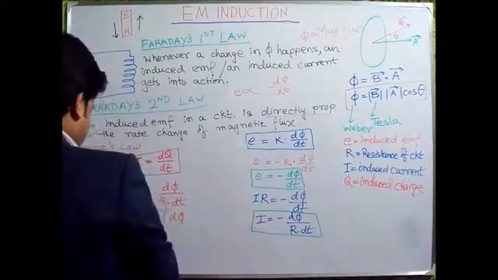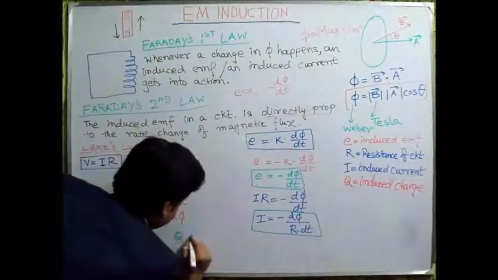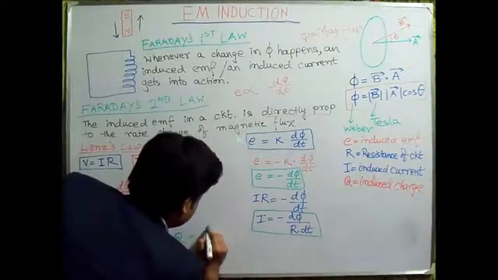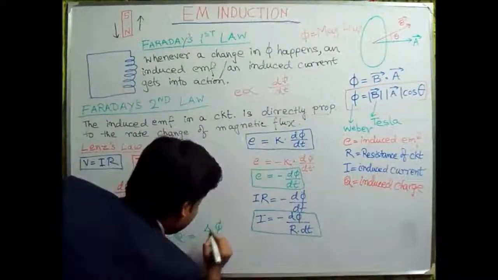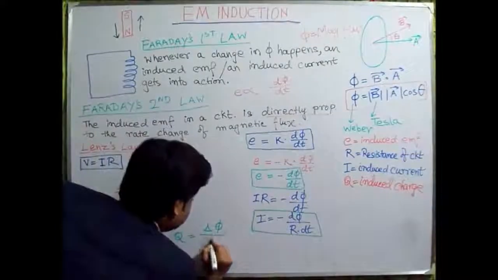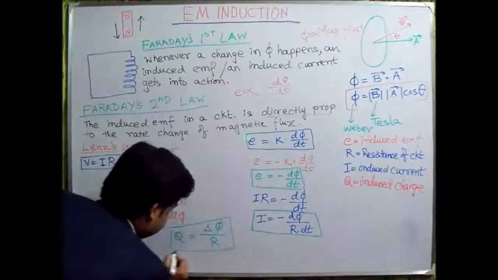So the expression will come as Q equals the change of phi, or the magnetic flux, divided by the resistance of the circuit.